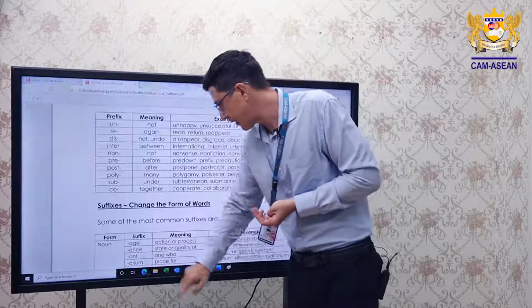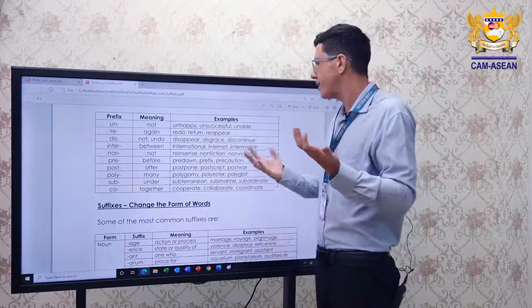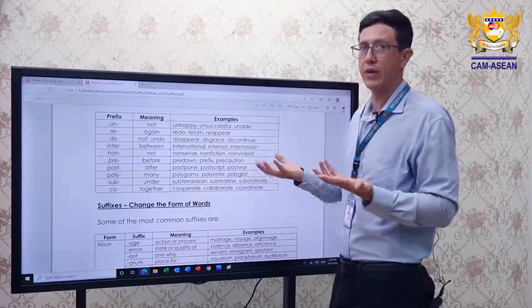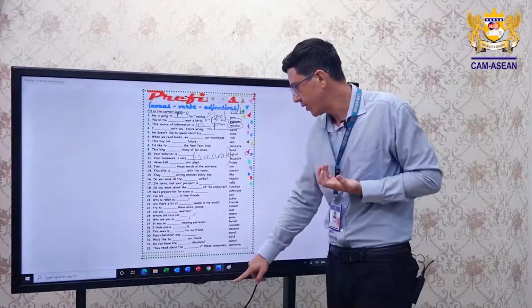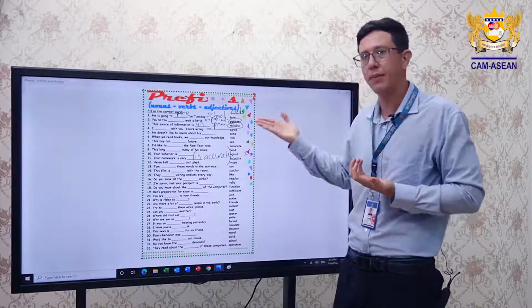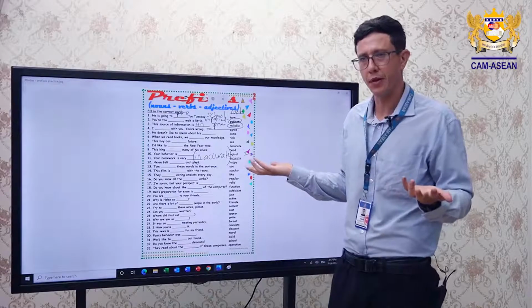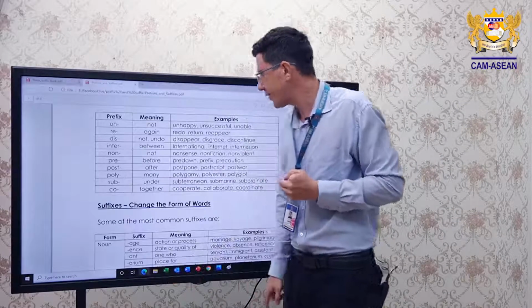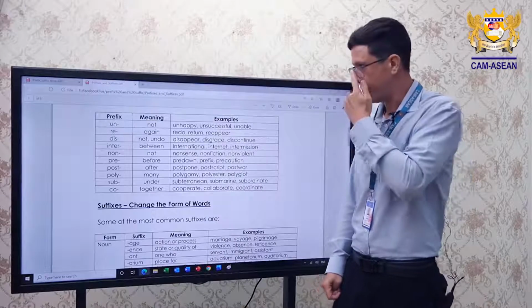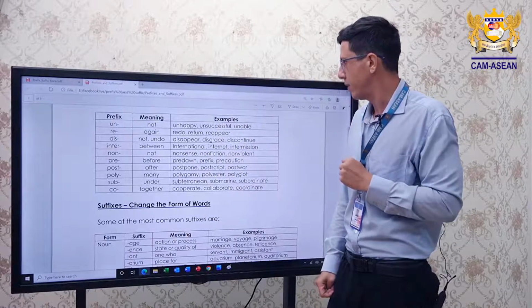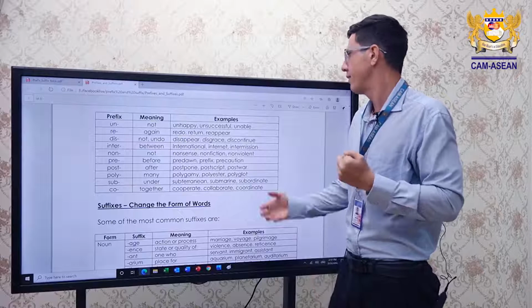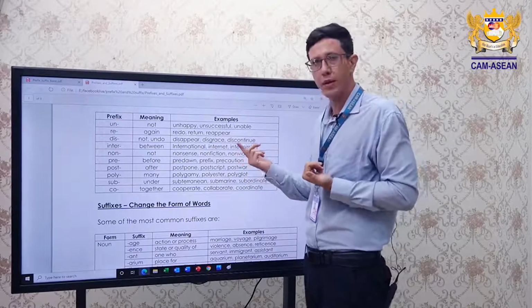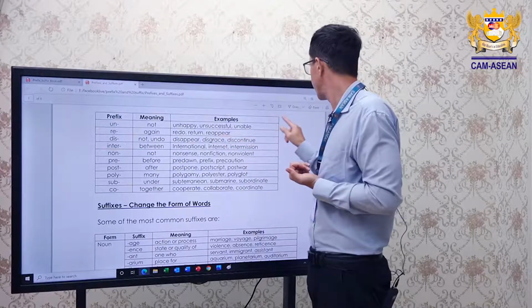So let's look at our examples again. Let's just try to guess some meanings now. We know how to build words, but maybe you don't need to build the word. Maybe you see a word and you don't know what it means. So let's take a word that we know: appear.